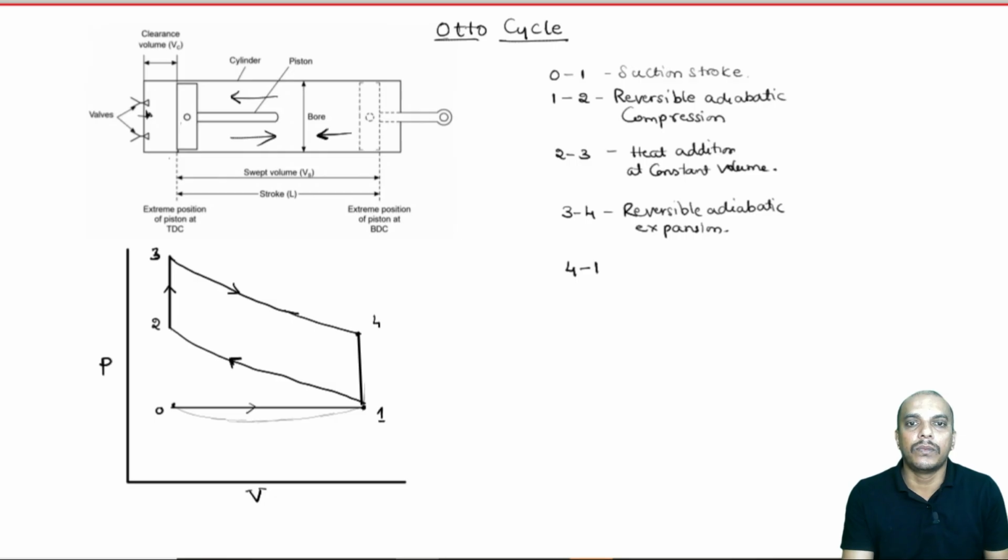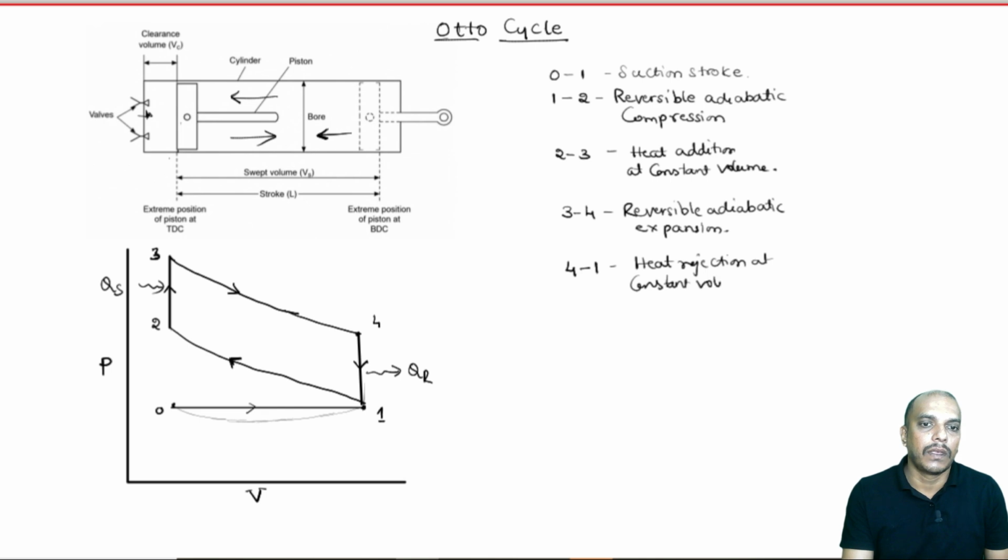This is where heat is rejected, and this is where our heat is supplied. So, 4 to 1 is heat rejection at constant volume.